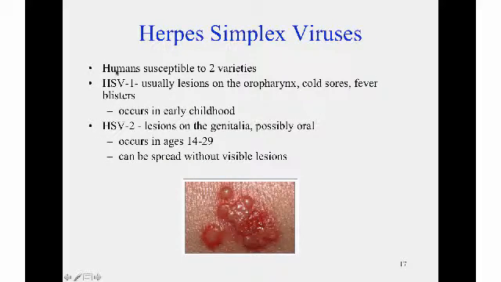So for HSV 1 and 2, HSV 1, or herpes simplex virus 1, is the causative agent of cold sores. And as far as when this is contracted, typically it occurs in early childhood. For HSV 2, this is the causative agent of genital herpes, and this will form lesions on the genitalia, possibly the oral cavity as well.